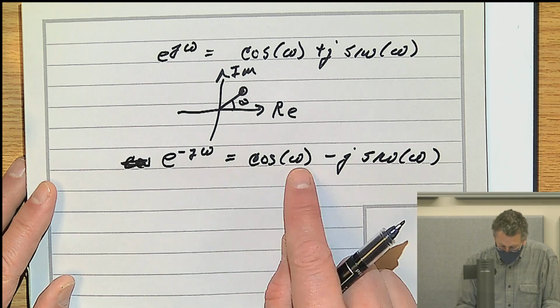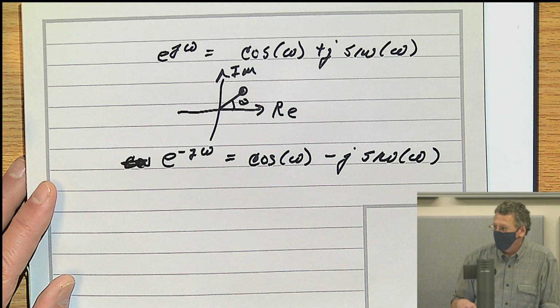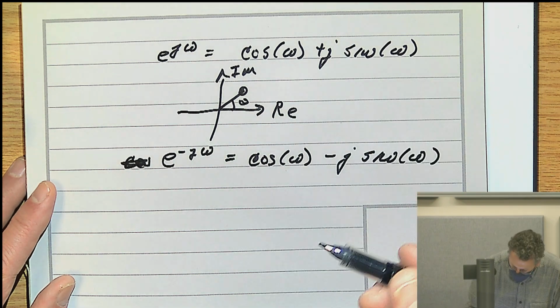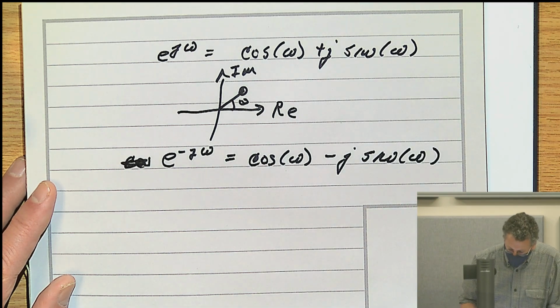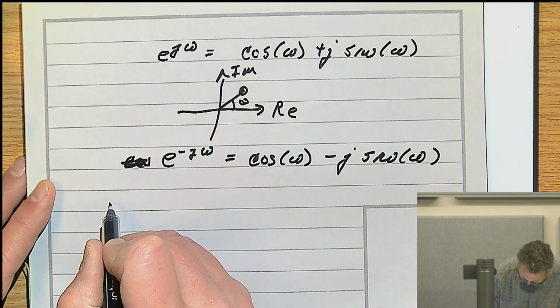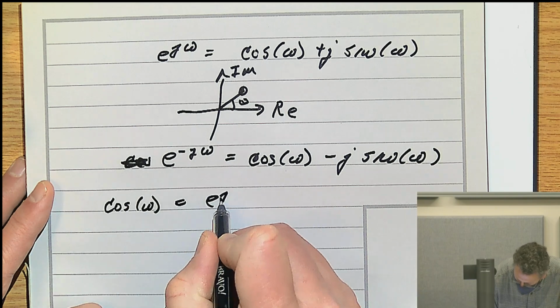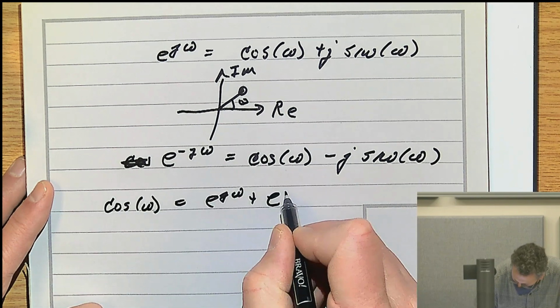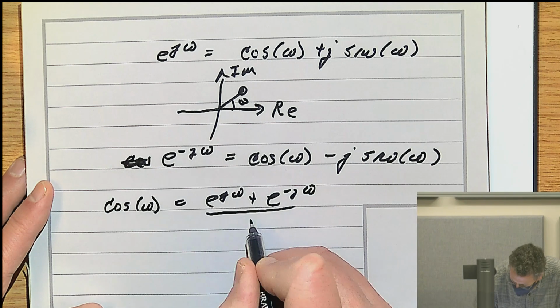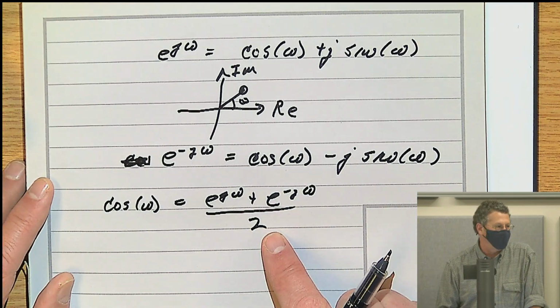So if I take the negative, the cosine doesn't change, but the sine reverses sign. If I add those two together and divide by 2, I get the relationship that the cosine of omega is equal to e to the j omega plus e to the minus j omega over 2. You don't have to remember this formula; you can just derive it.